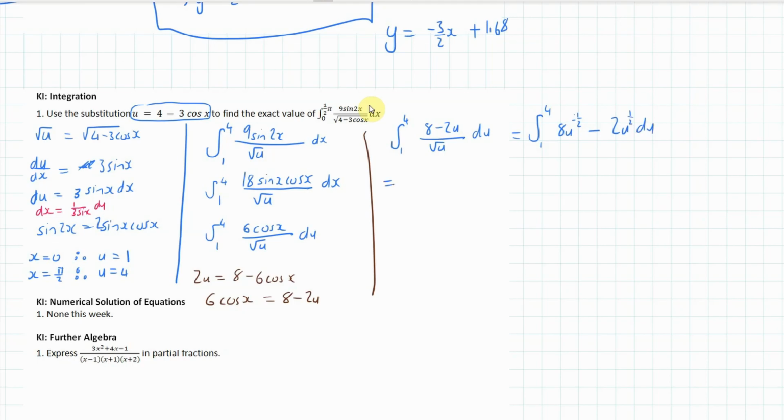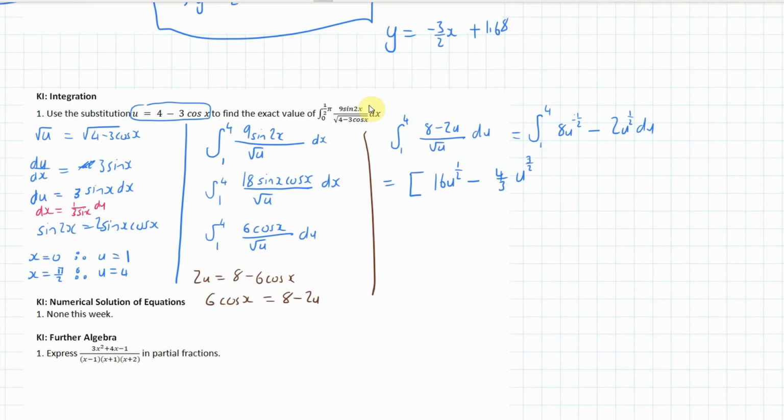Now, when we come to integrate this, we should get 16u to the half minus, now that would be 2 divided by, so it should be 4/3. That's right, 4/3 times u to the 3/2.